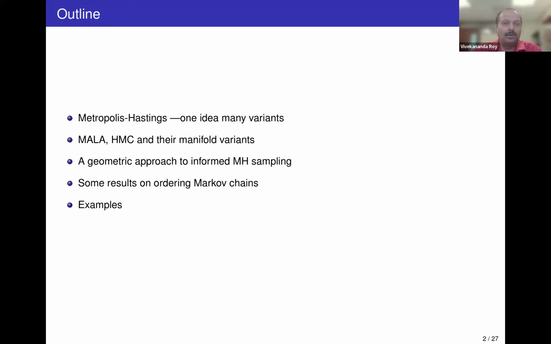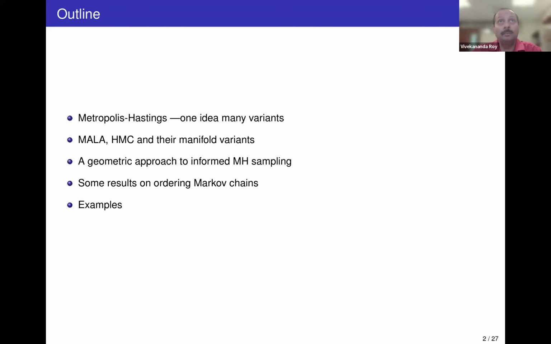Then I'll talk about some of the informed Metropolis-Hastings algorithms that have been available in the literature and are popular nowadays, namely the Metropolis-adjusted Langevin algorithm, in short MALA, and the Hamiltonian Monte Carlo algorithm, in short HMC.